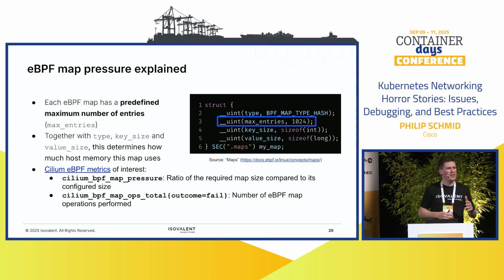In addition, there's the Cilium BPF map ops total metric, which is especially helpful with the additional filter or label outcome equals fail, because this would indicate if Cilium fails to read or write to a specific map. So definitely make sure, if you run a Cilium environment in production, to keep an eye on those two metrics and preferably even automated alerting.